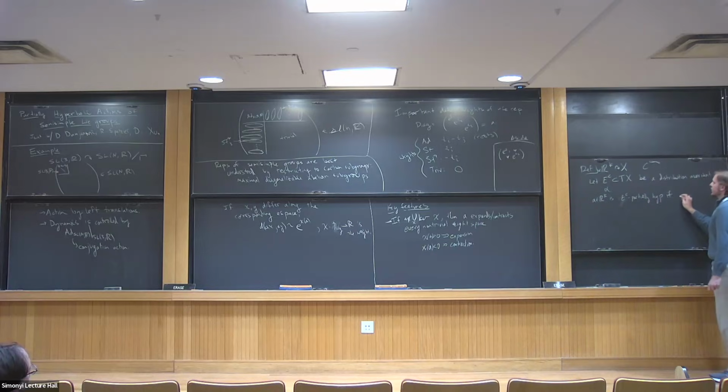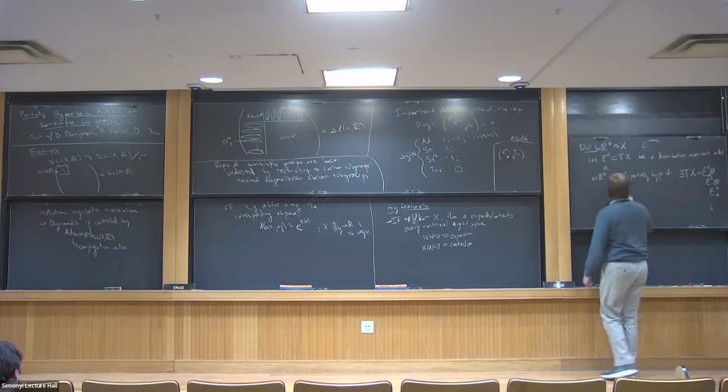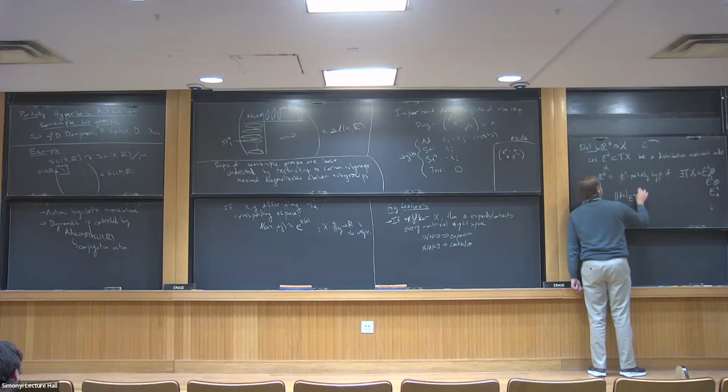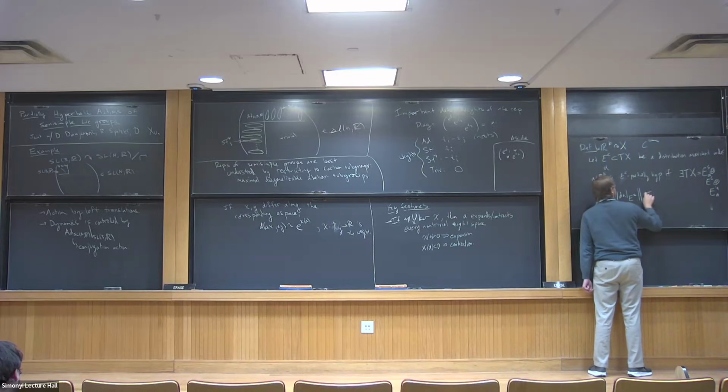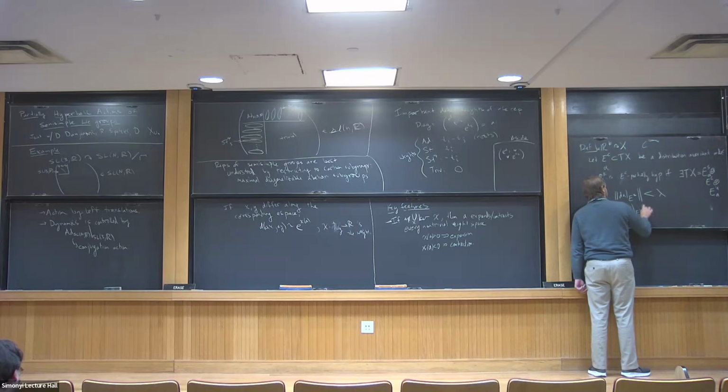if there exists a splitting of the manifold into a stable distribution, a central distribution, which is fixed, and an unstable distribution. What do I want for the stable? I want that it's contracting, and I want that the inverse is contracting along the unstable.